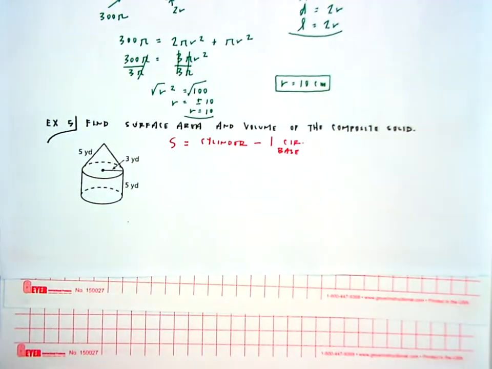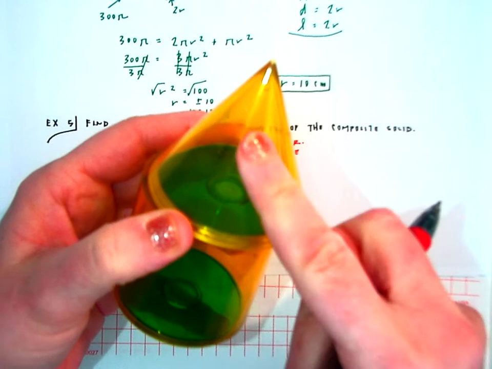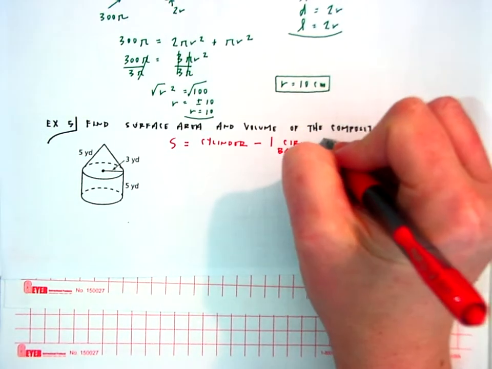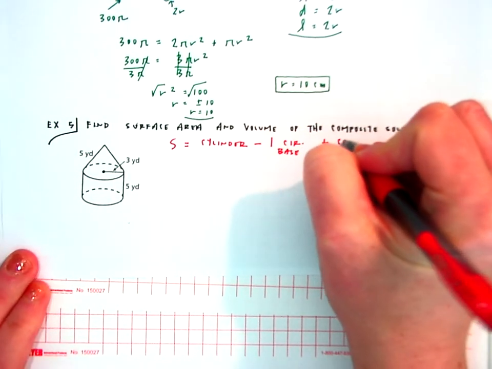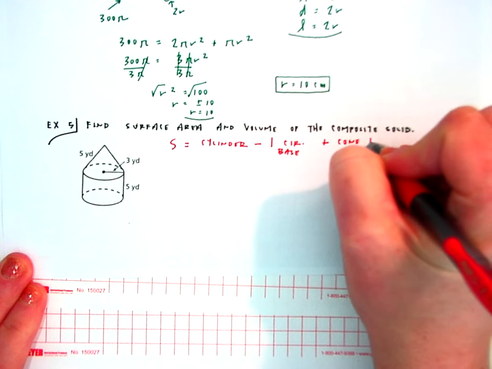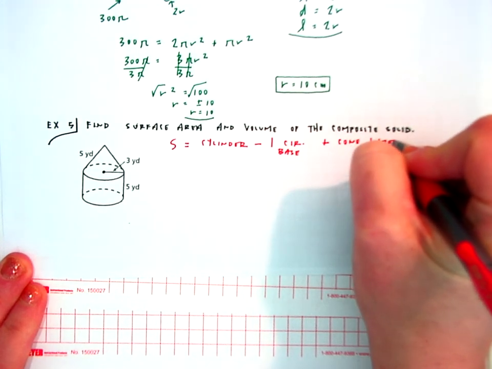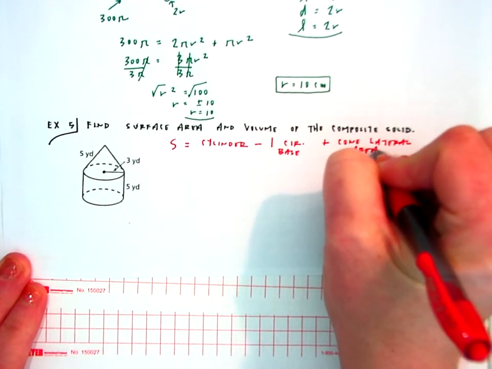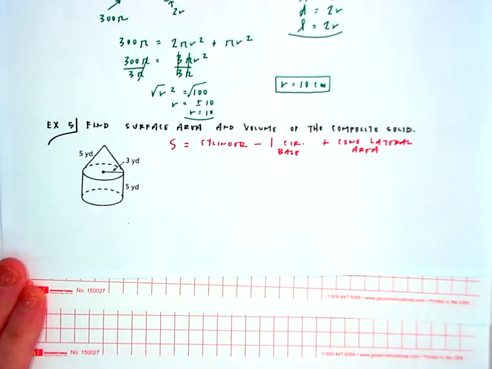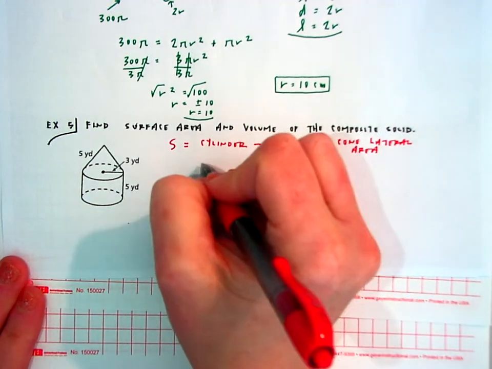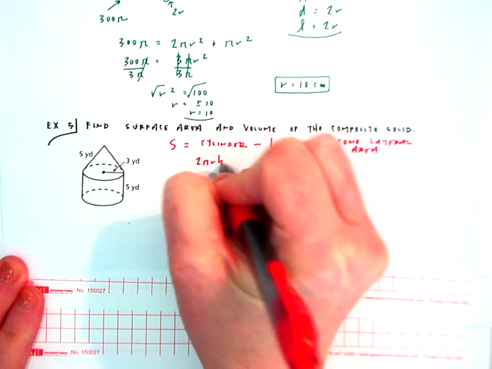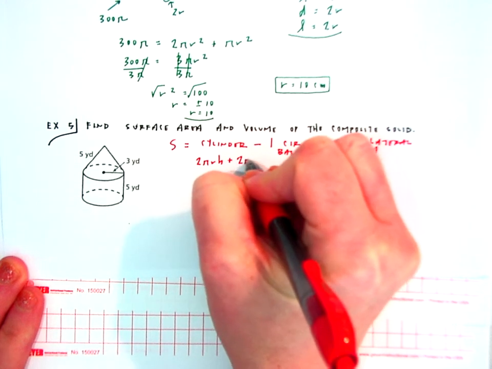And then in terms of the cone, what part is exposed? Well, only that curved lateral face is exposed. So I need to add the cone's lateral area. Okay, so here my cylinder surface area is 2 pi r h plus 2 pi r squared.